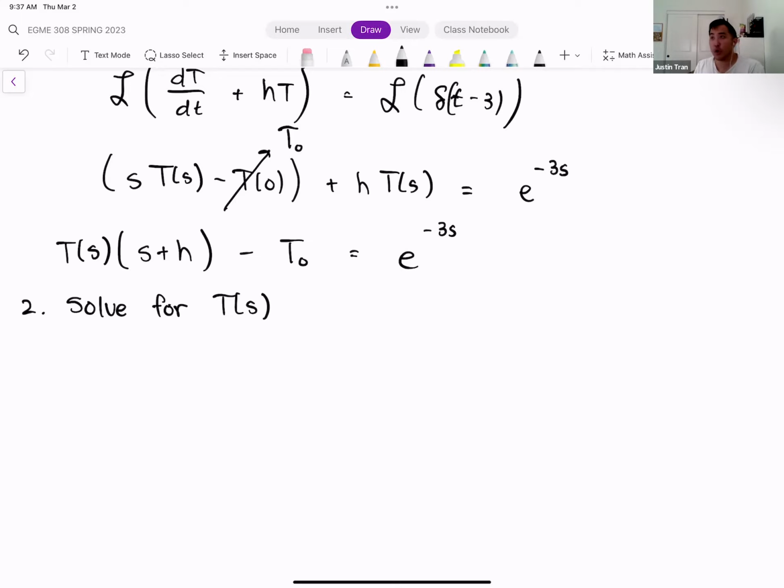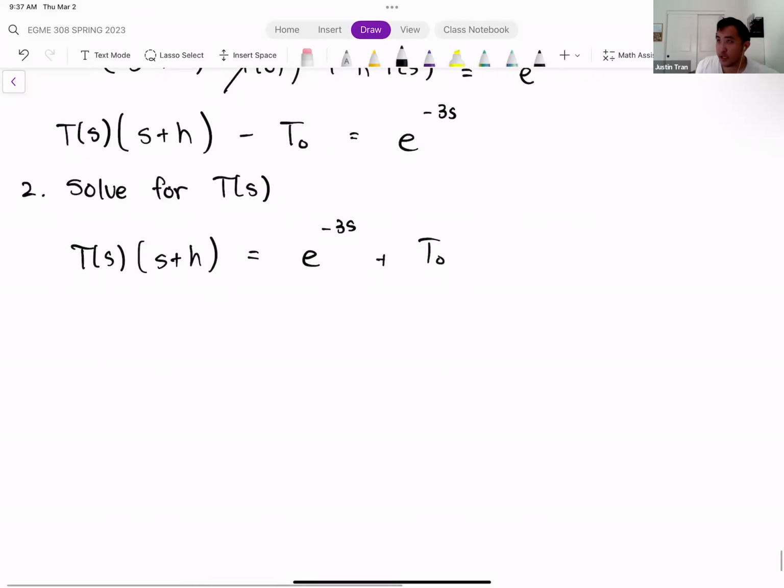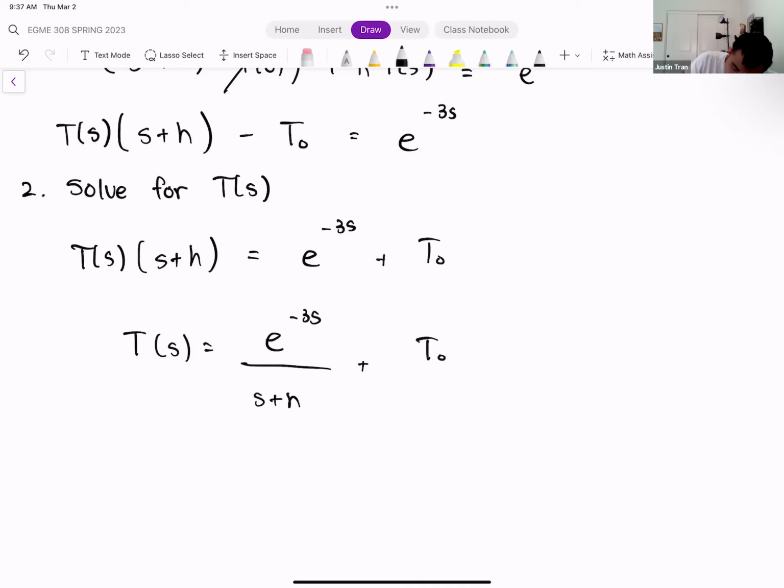Let's move that T naught over to the other side. So we have T of s times s plus h is equal to e to the minus 3s plus T naught. Let's divide both sides by s plus h. And so we get T of s is equal to e to the minus 3s divided by s plus h, plus T naught divided by s plus h.